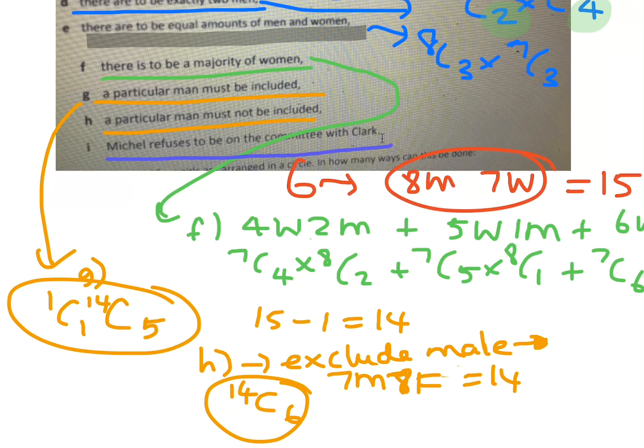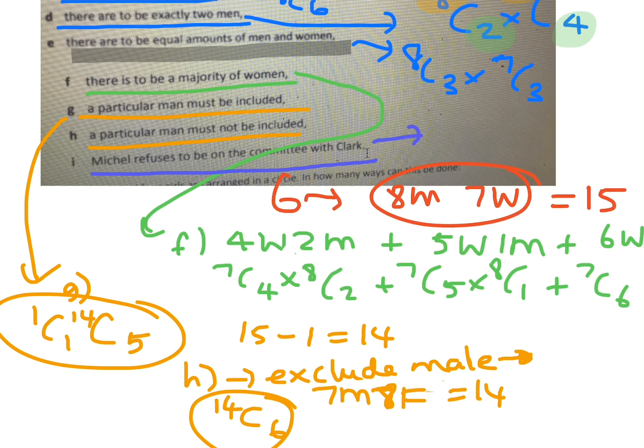Michael refuses to be on the committee with Claire. So the best way to attack something like that, you could do this in 2 different ways. If you put them on the committee together, that means that you're going to include Michael and you're going to include Claire.